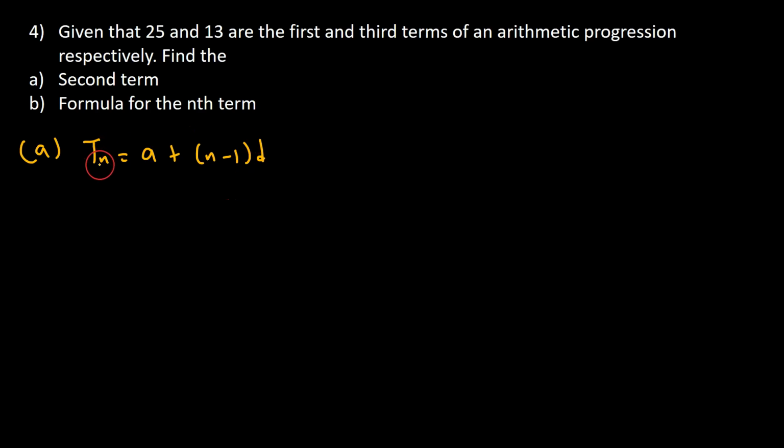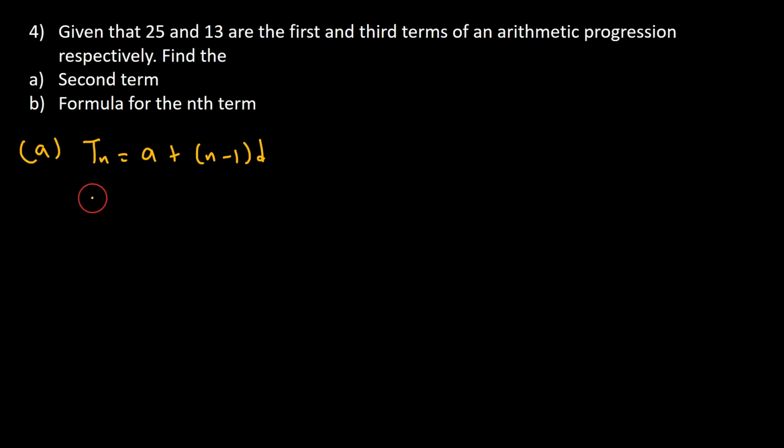Let's first find the common difference using the third term, which is 13. So we can replace where we have Tn with the third term, and then where we have a with the 25, and our only unknown in this question will be d. We can find it after that then.